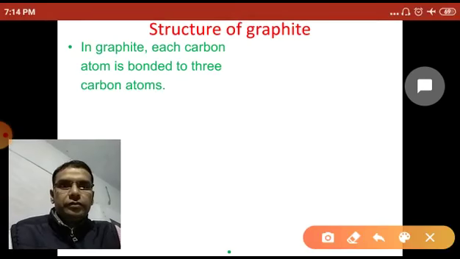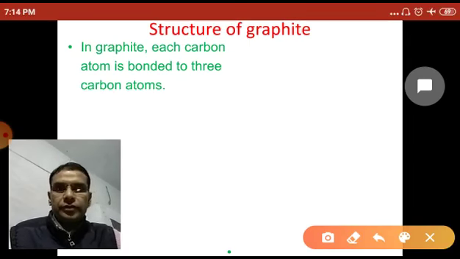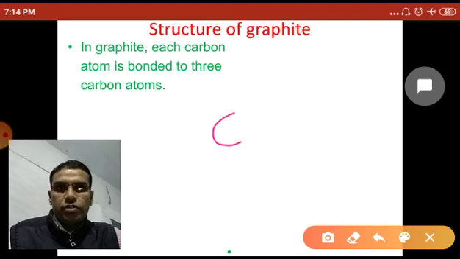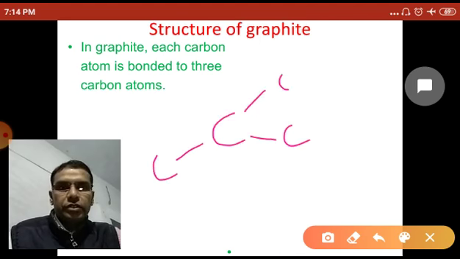In graphite, each carbon atom is bonded to 3 other carbon atoms. One atom of carbon is bonded to another 3 carbon atoms and forms hexagonal planar ring-like structures.